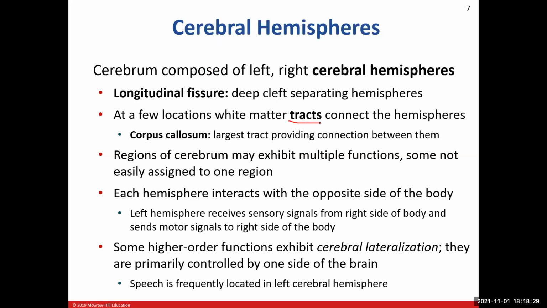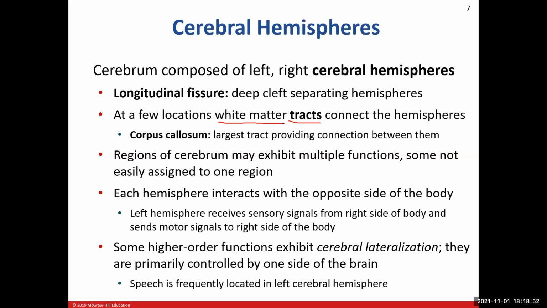And a tract is made up of white matter. Well, what's white matter? That's a great question. White matter is myelinated axons. So we call myelinated axons in the central nervous system a tract. It's a bundle of axons.